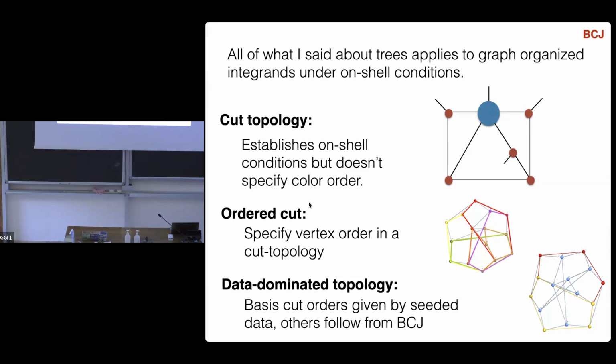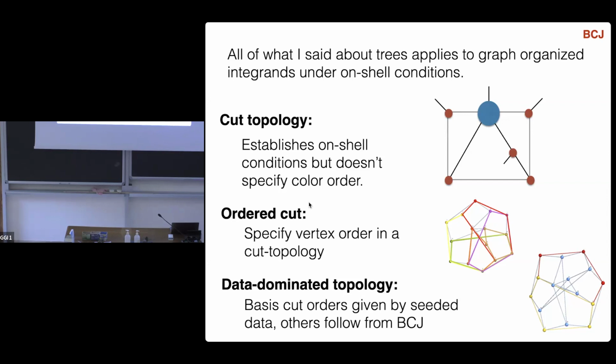And so what I'm calling a data dominated topology is a cut topology where the cut orders are spanned by the seeded data. So if I know the boundary data, for example, for what we're talking about today, it's going to be planar data, but it doesn't have to be planar. It just has to be in my knowledge, right?